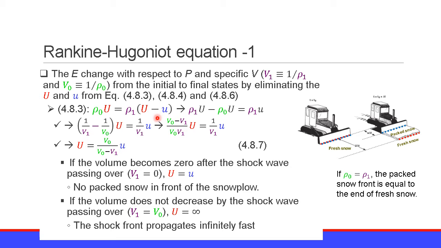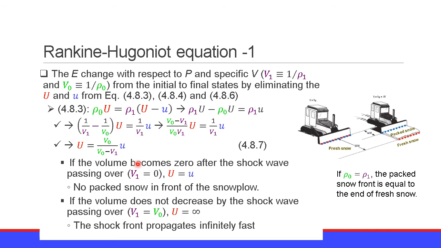So from this equation we have the shock velocity U is equal to the volume before the shock wave arrives, V0, divided by V0 minus V1, the volume after the shock wave arrives, times u, the particle velocity. Equation 4.8.7. The meaning of this equation is clear from the analogy of the snow plow.